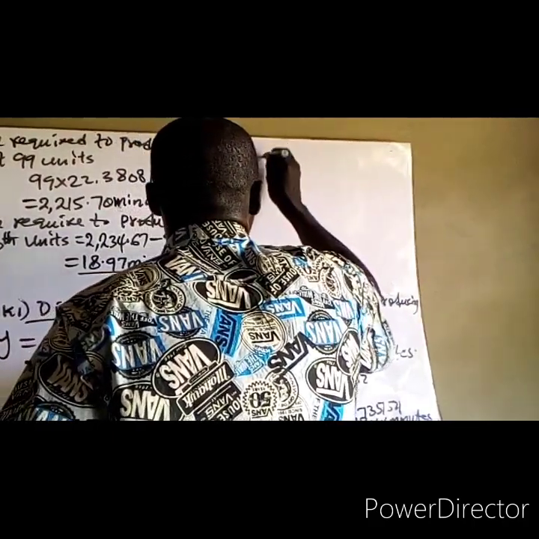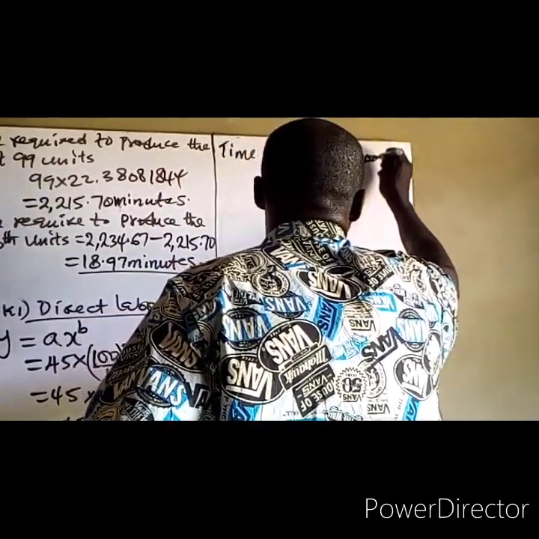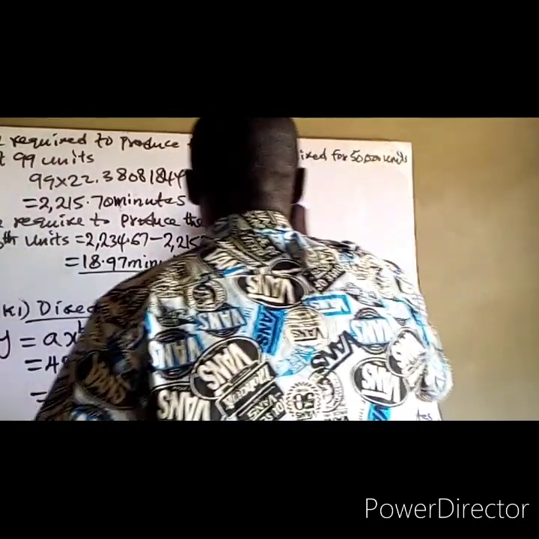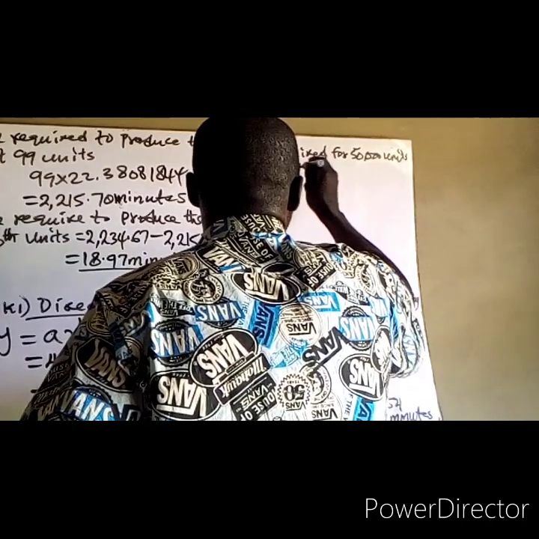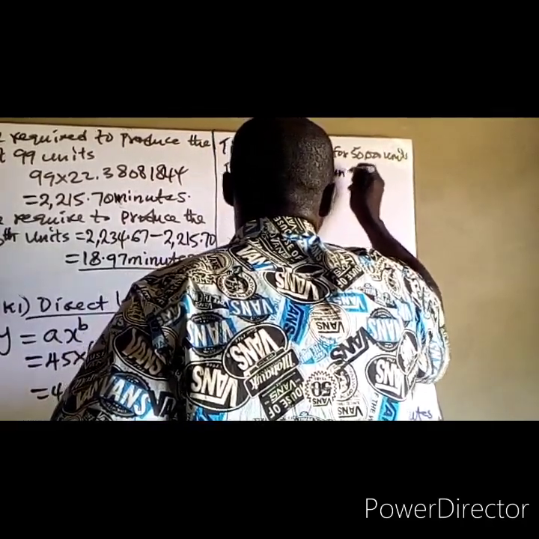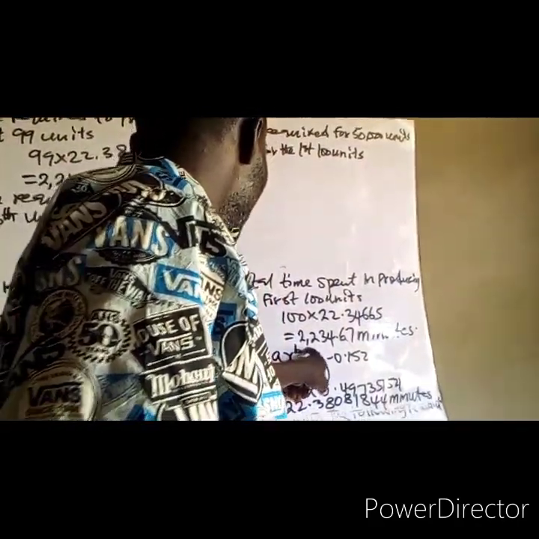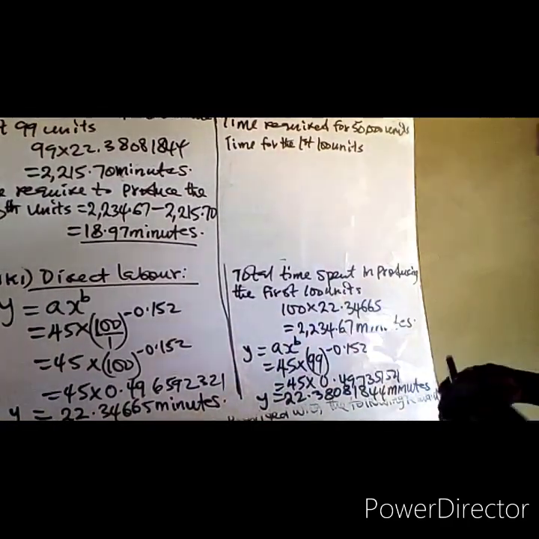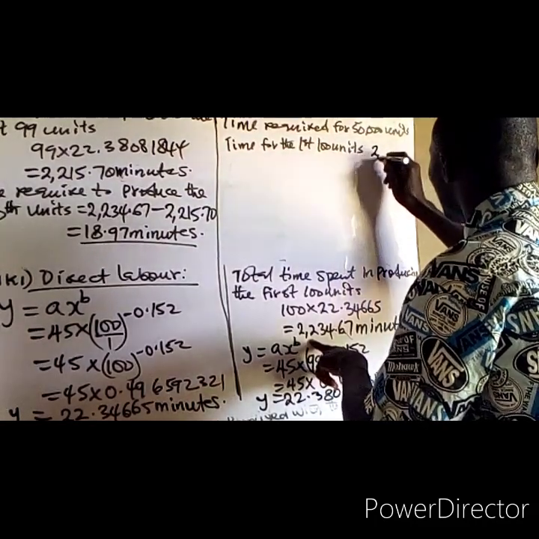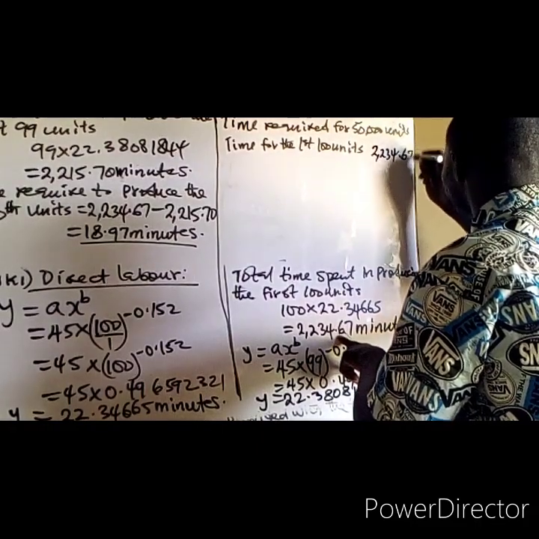Time required for 50,000 units will be the time for the first 100 units, which is 2,234.67.